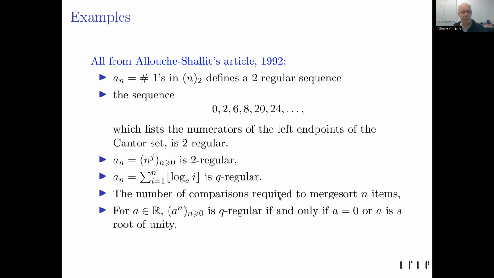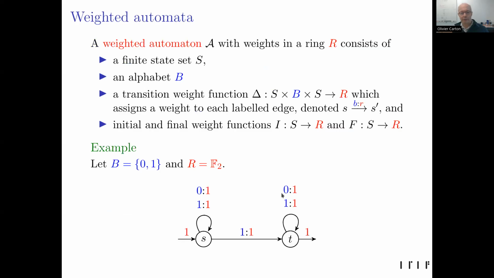So I have to explain to you what a weighted automaton is. The idea is to have an automaton which is maybe non-deterministic, as in the example, and which has weights. So we have initial weights for states.